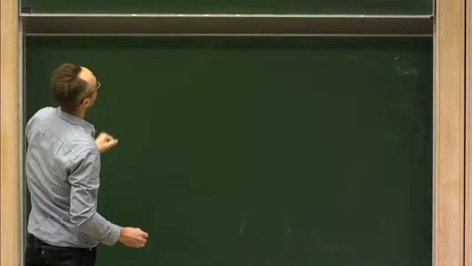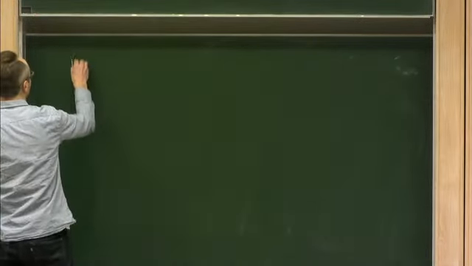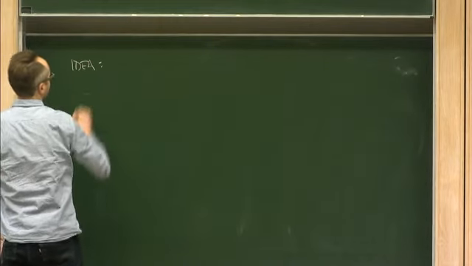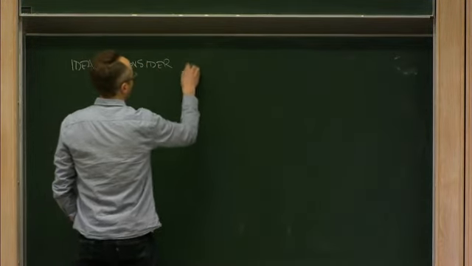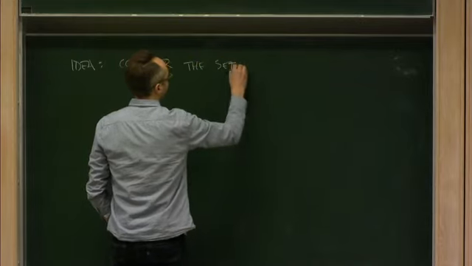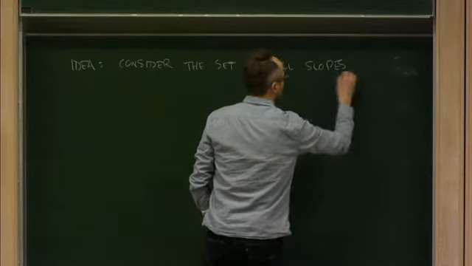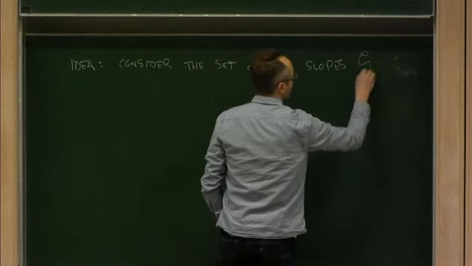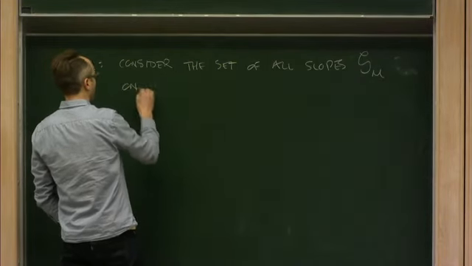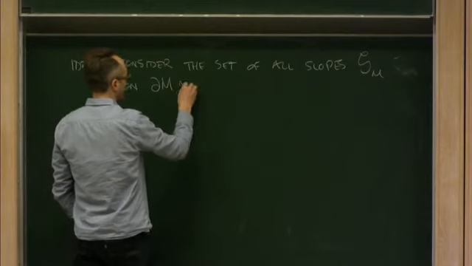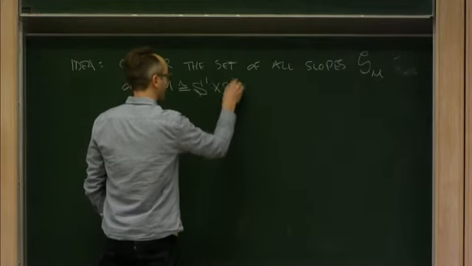So this is where I want to pick up: how do you make something like this go? I think the driving idea here is to consider the set of all slopes, script S sub M, on ∂M when you have a manifold with torus boundary.